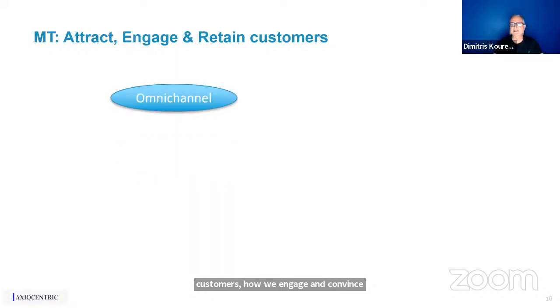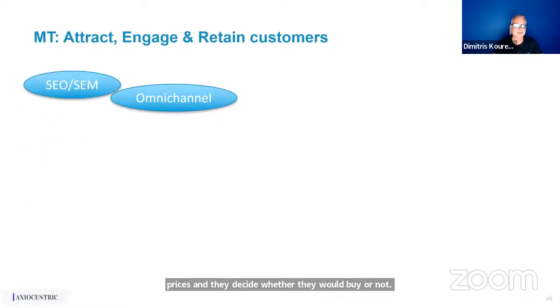So very quickly, we talk about terms like omni-channel, because customers at the same time may be in a retail shop and they look at their phone and they get information, they get different prices and they decide whether they will buy or not. So it's very important to provide an excellent omni-channel experience.